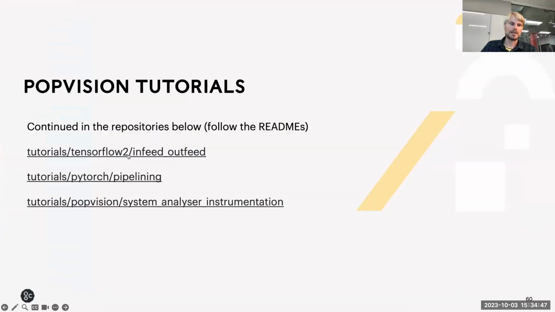And we also have a few tutorials dedicated to PopVision tools, tutorials that use PopVision tools to extract and show profiles when pipelining, for example, or using in-feed, out-feed APIs to optimize performance, data streaming performance for TensorFlow.